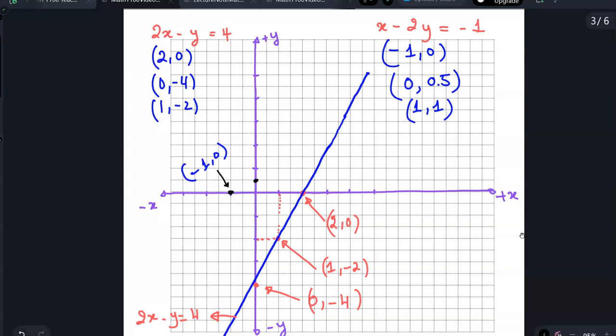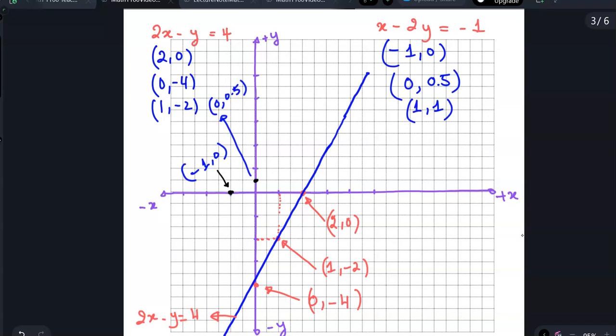All right. Okay. So this point here is 0 and 0.5. Okay. So that is that point.